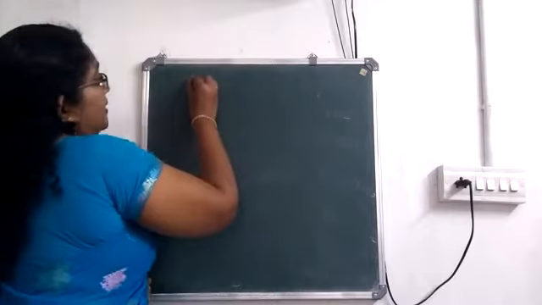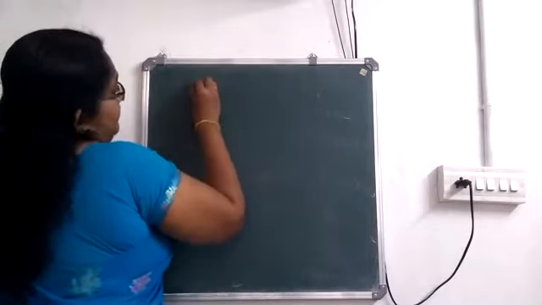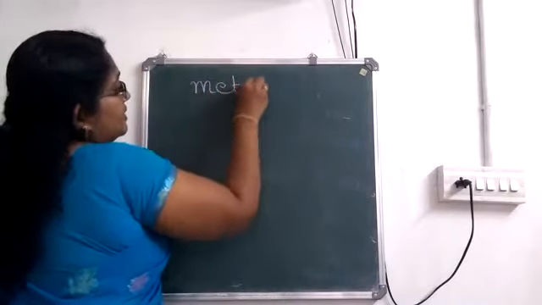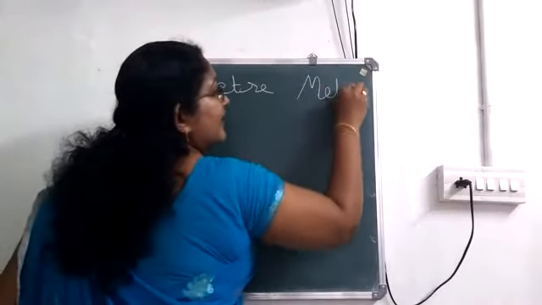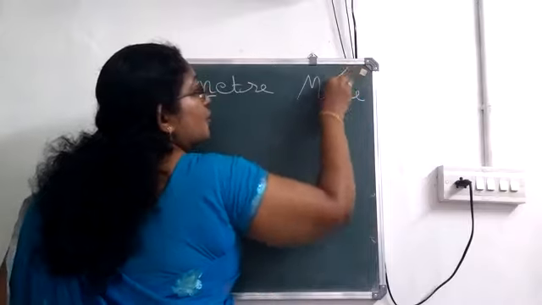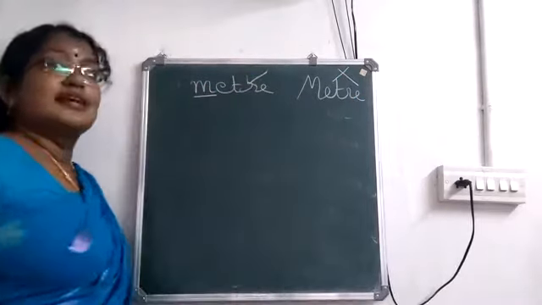So for example, the unit is meter. If it is meter, m should be a small letter. If I write it like this, it is wrong, and this is correct.